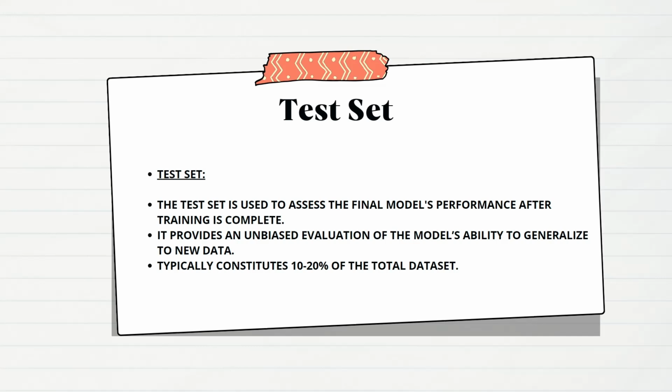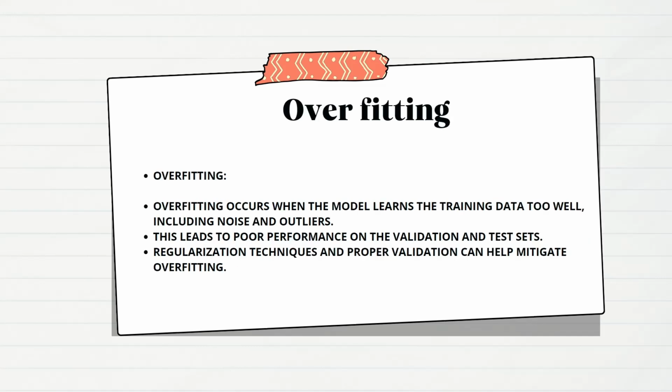Let's move on to the theory of overfitting and underfitting. Overfitting occurs when the model learns the training data too well, including noise and outliers. When the training data is fitted very well, it doesn't care about the test set. This leads to poor performance on validation and test sets.